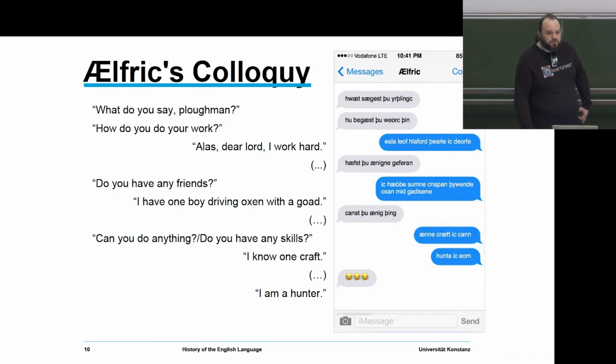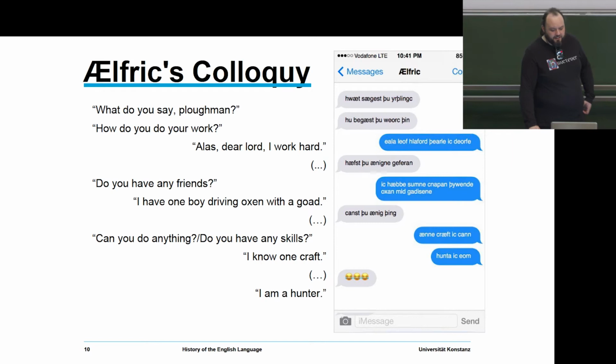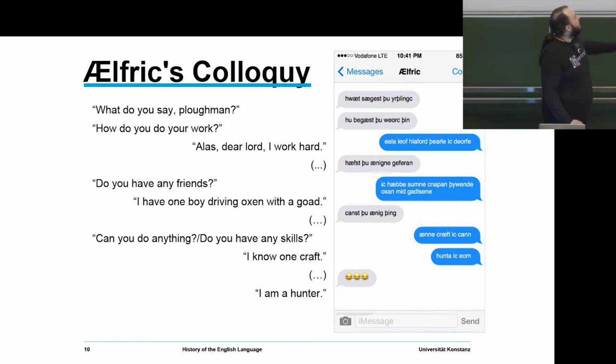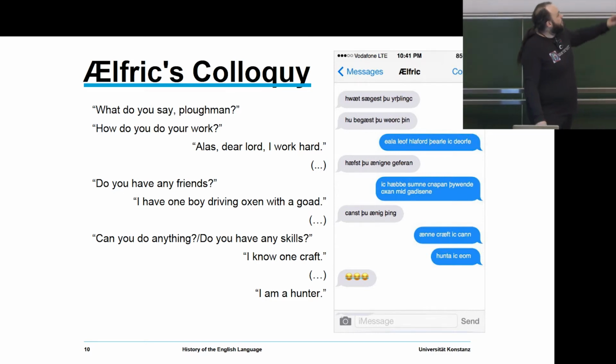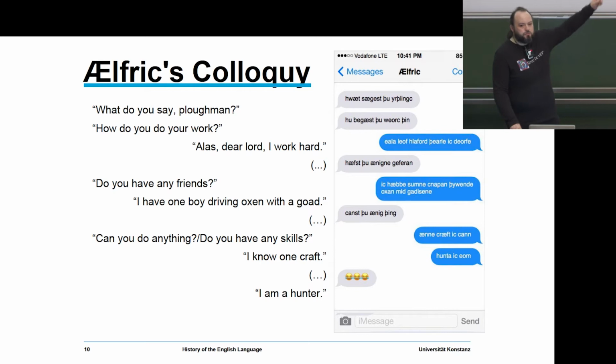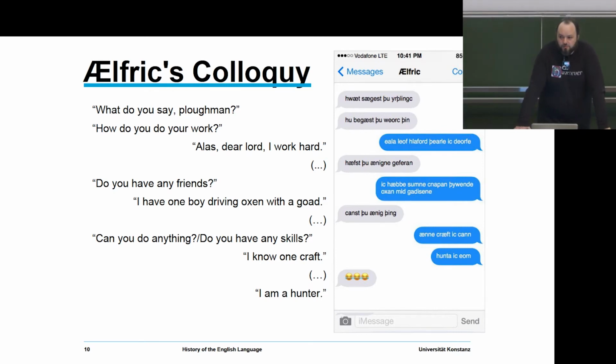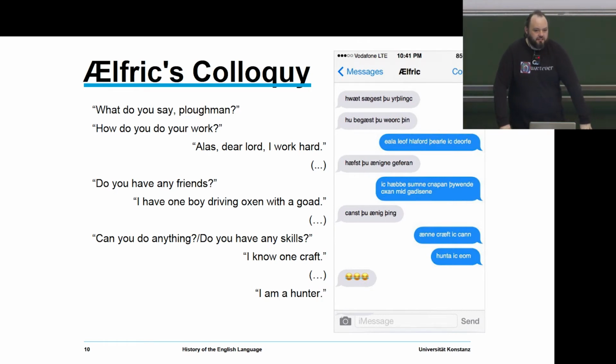With this first person singular ending E and the second person singular ending S, T in all of the grey boxes. And finally at the bottom you've got a form of to be. Hunter ich eom. Hunter I am. So this guy is not only a ploughman, he is also a hunter. This is the craft.